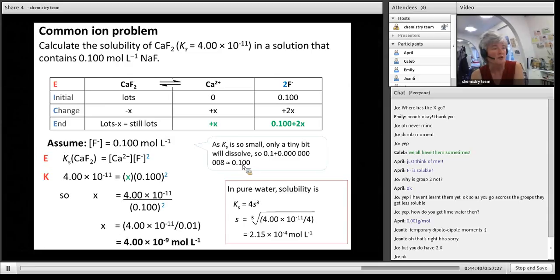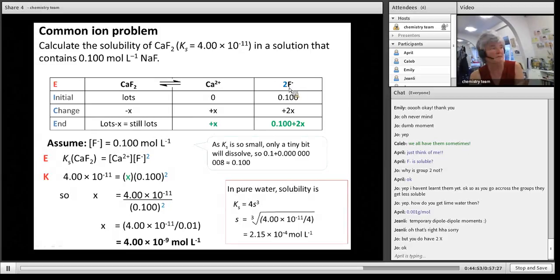Okay, so what I'm saying is, for an AB salt and for an A2B salt or an AB2 salt, it all depends what the common ion is. Here the common ion is the same as the B2, for instance. So you don't have to square it.